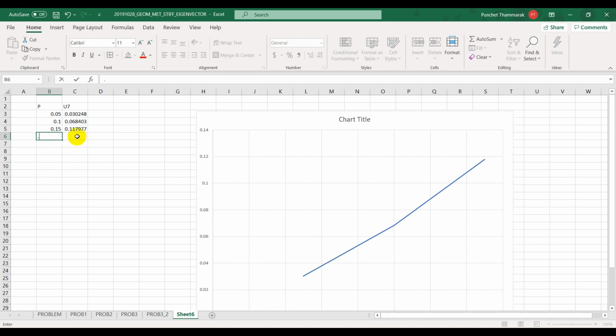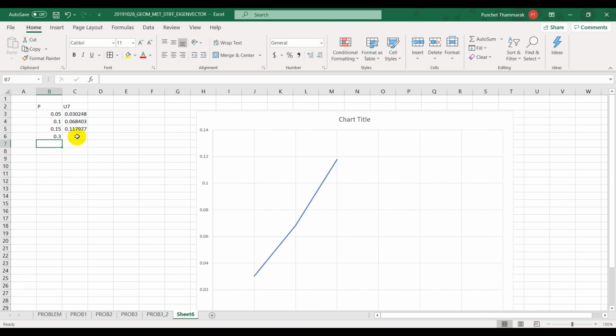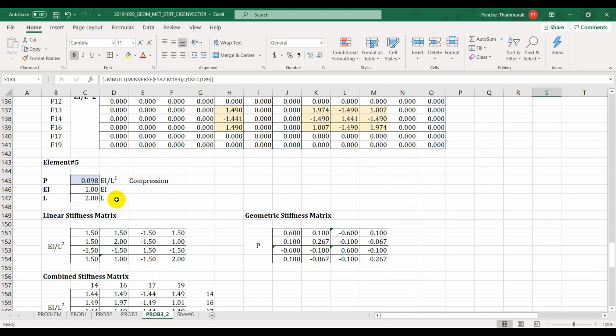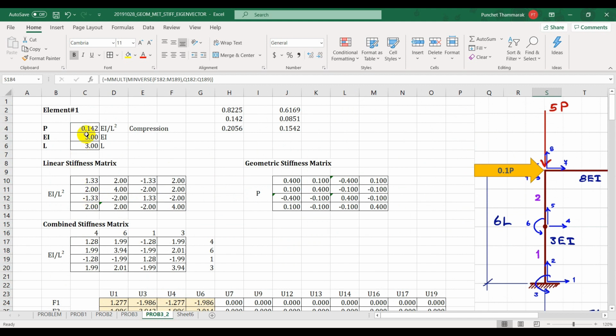I think I can jump to a point. It buckles at where? 0.5, right? Let me go to 0.3.